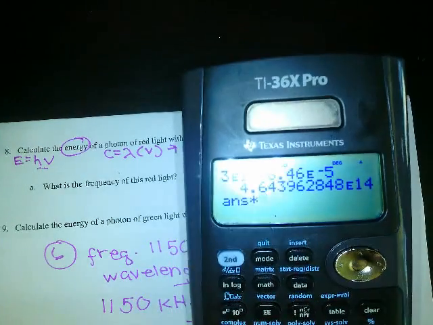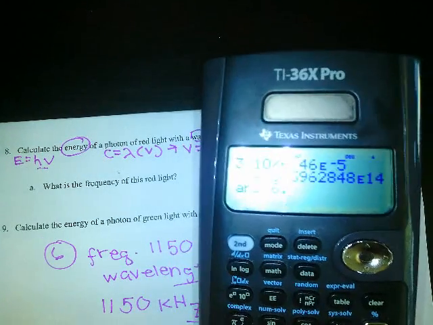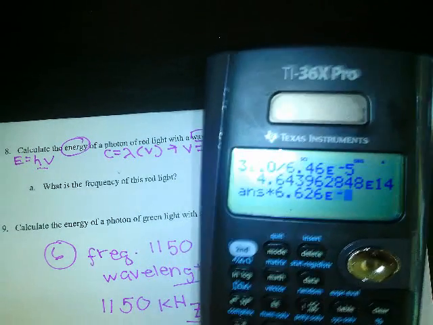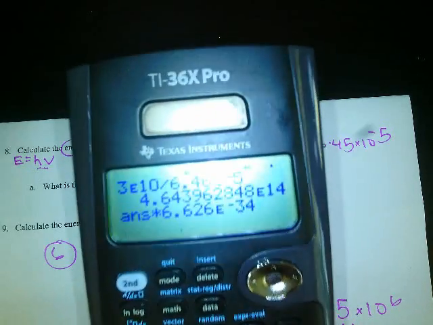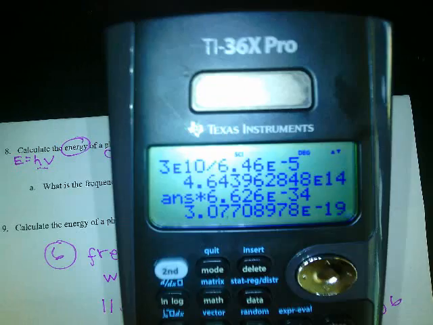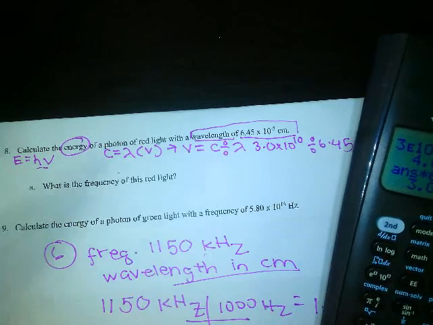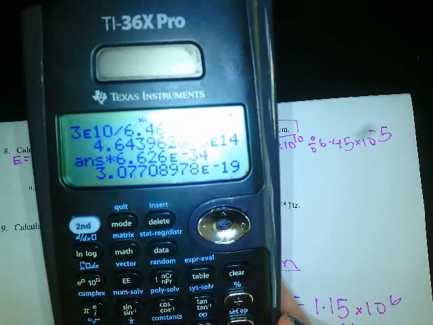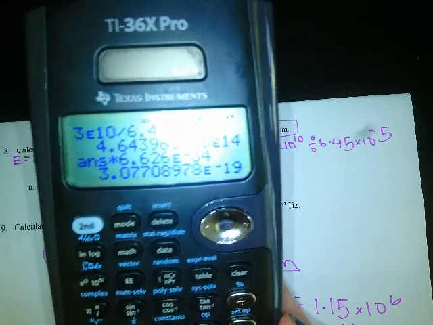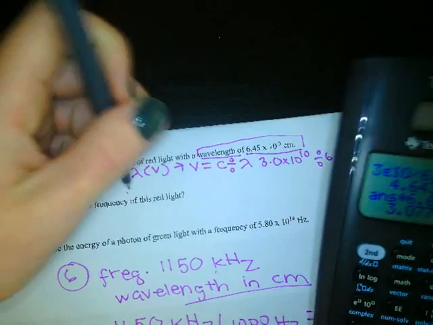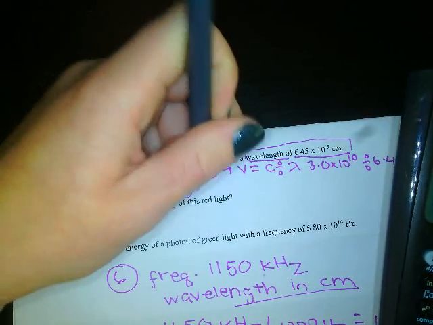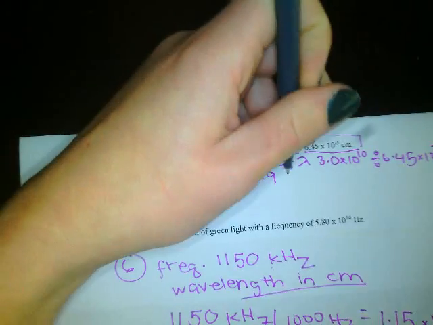So I'm going to say times 6.626 E negative 34, enter, and that is my energy. Once again, we want 3 sig figs, so it is going to be 3.08 times 10 to the negative 19th. So my energy is equal to 3.08 times 10 to the negative 19th joules.